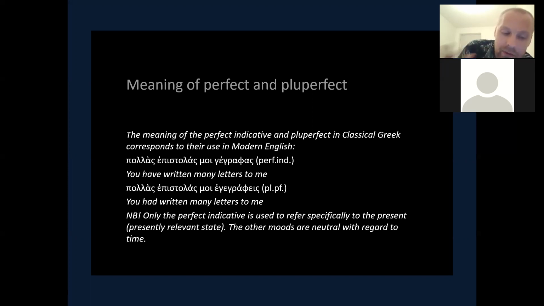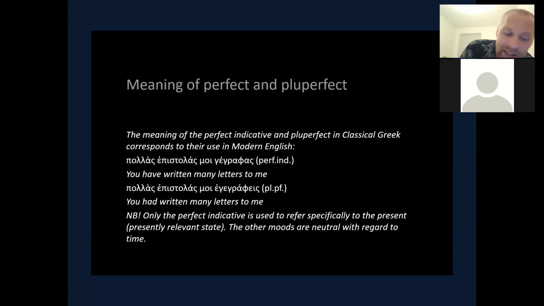And in classical Greek as well, the perfect stem, and particularly in the indicative mood, is used to express a still relevant state, which has arisen as a result of some action or event.